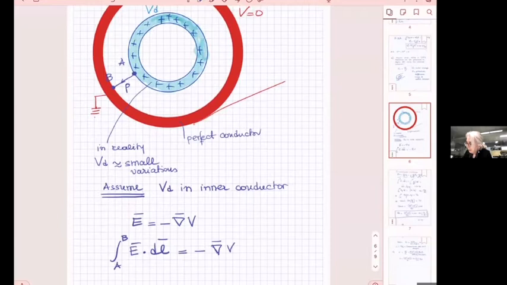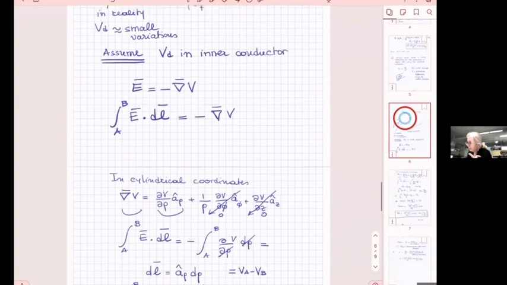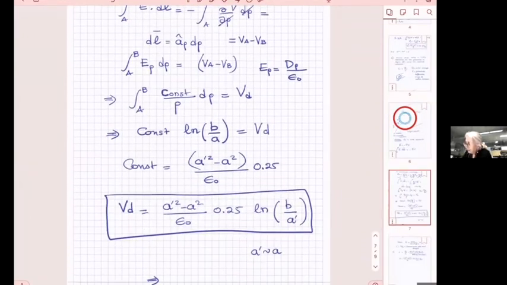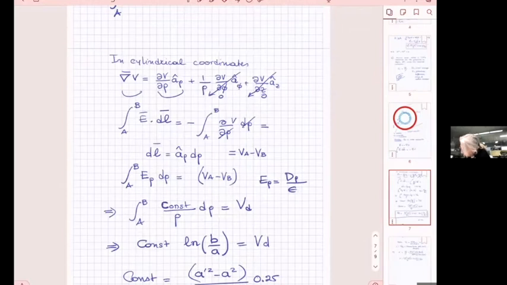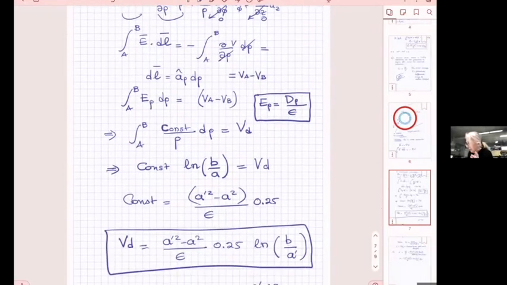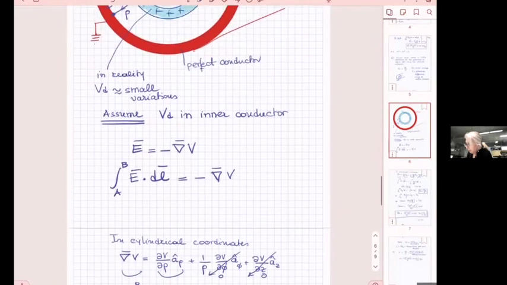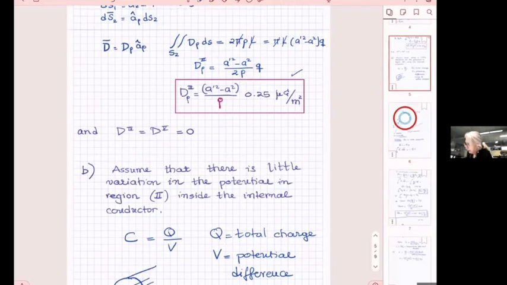In that area here, which is air, or no, dielectric, excuse me. It's not epsilon naught, it's epsilon, because the dielectric is epsilon. So it is this one. And D sub rho is this one. We found it in that region.